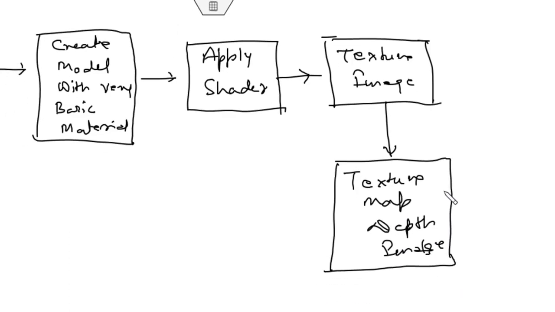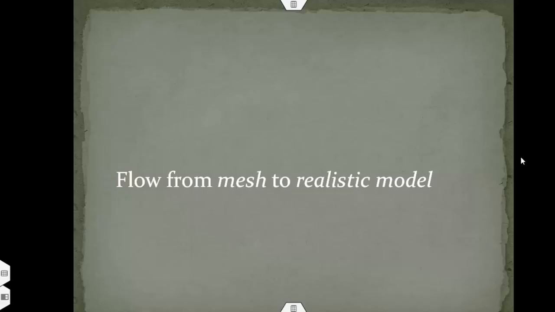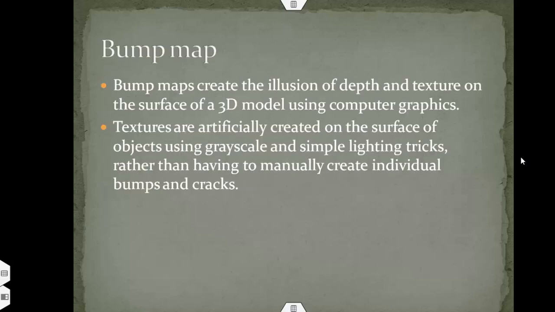So what are the texture map or depth image? Basically this type of texture map or depth map is associated with a texture which can provide depth or roughness or bumps on the texture so that it looks real. So there are various maps.